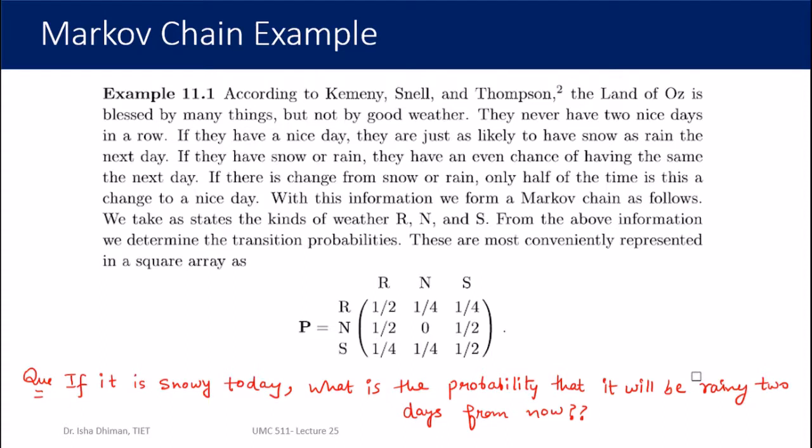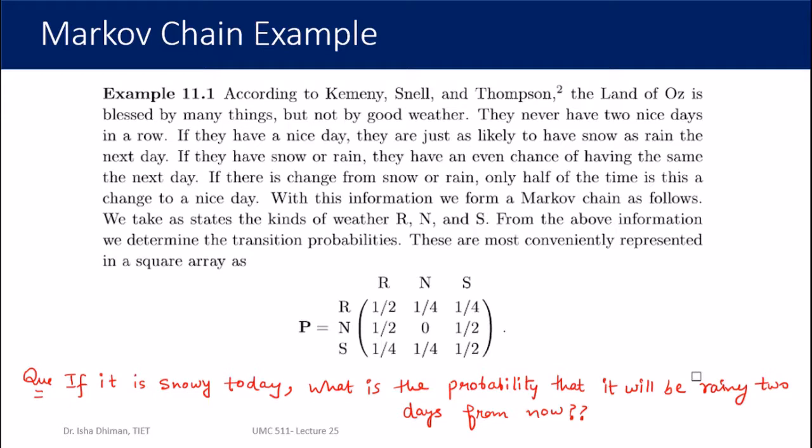These kinds of questions are asked: you are given that the system is in one particular state today, what is going to happen after 2 days? In what state will it be, or what is the probability of the system being in that particular state after 1 day or 2 days or whatever. So they'll give you a timeline and you have to find the probability.